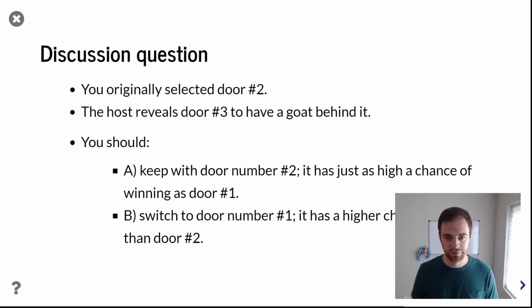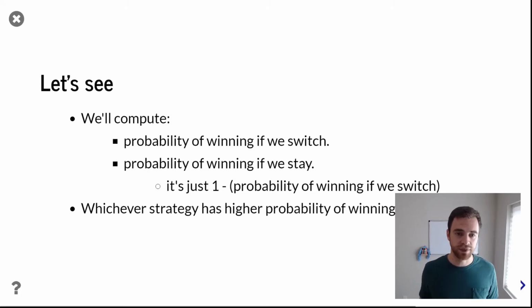Okay, so you can think about it for a second, but I'm going to move on to answer this question with a simulation. What we're going to do is calculate the probability of winning if we switch and the probability of winning if we stay, which is just 1 minus the probability of winning if we switch. So I can just focus on calculating the probability of winning if we switch doors.